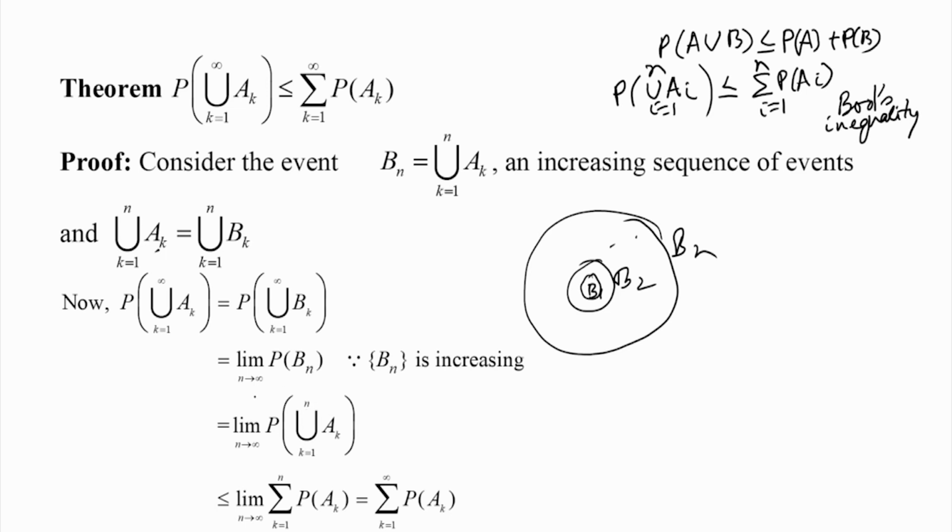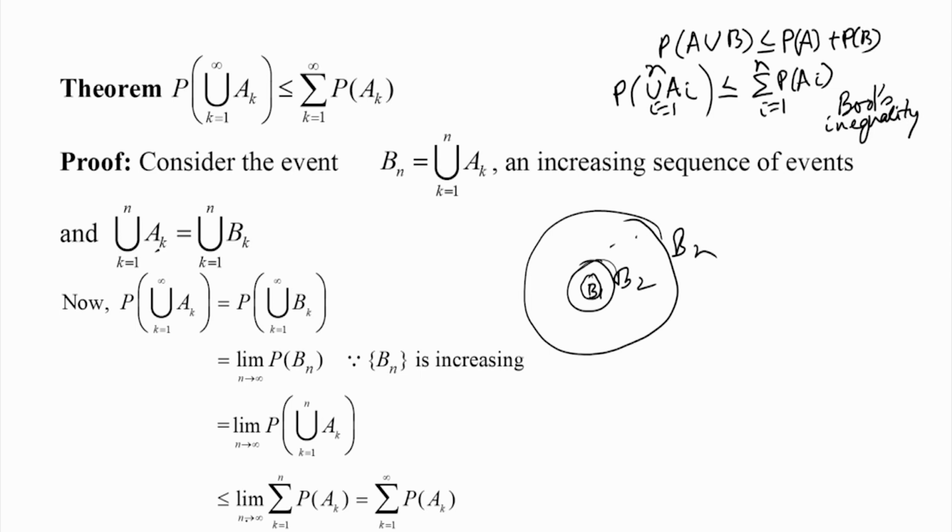Therefore, this left hand side is the same as the limit as n tends to infinity of the probability of the union of A_k, k going from 1 to n. Now here we can apply Boole's inequality. So we can write, less than or equal to the limit as n tends to infinity of the sum of the probabilities of A_k, k equal to 1 to n.